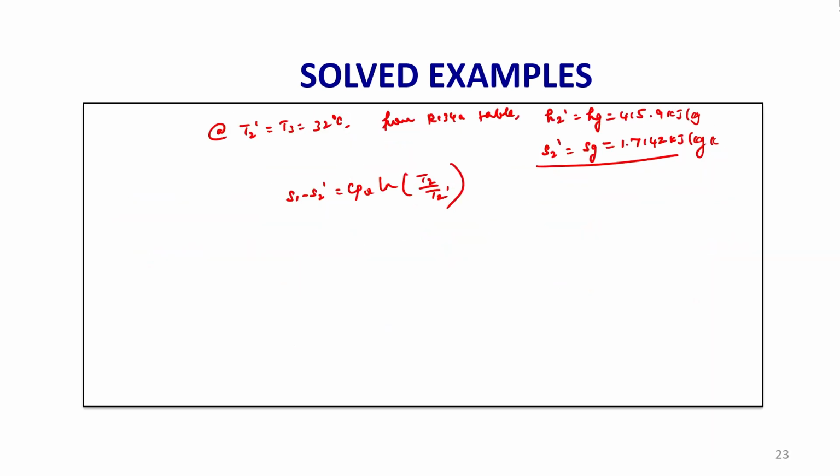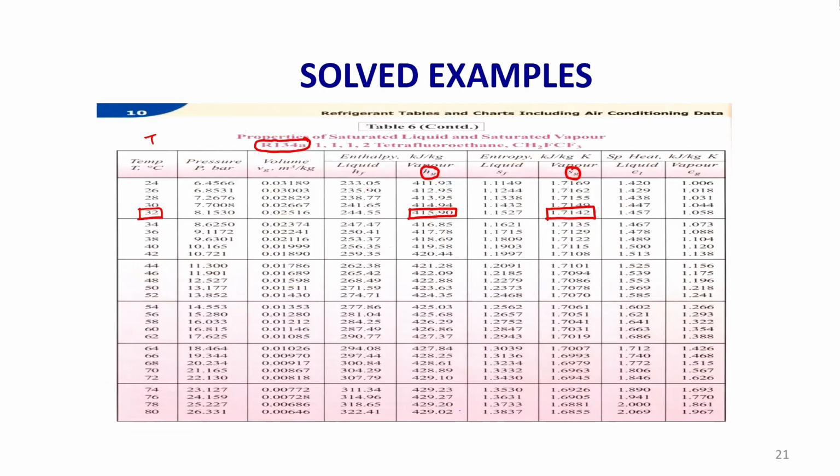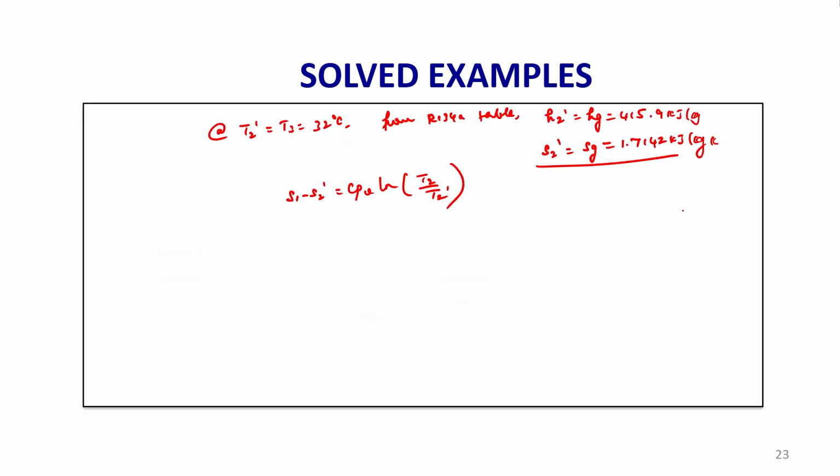How to take the Cp of vapor? That also can be taken from the refrigerant table corresponding to 32. This is specific heat, this is the Cp value, this is for liquid and this is for vapor. So corresponding to 32, I will be taking Cp of vapor as 1.058.